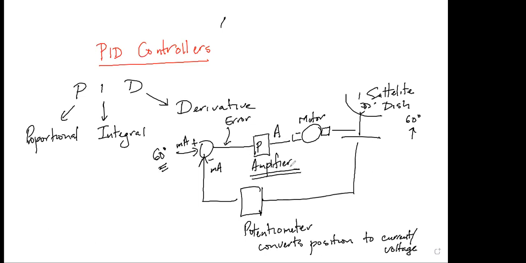And that is what we remember now. The amplifier just takes the input current or voltage and multiplies it. So proportional control is just taking the error signal and multiplying it to a value that we can use to operate whatever our plant is.